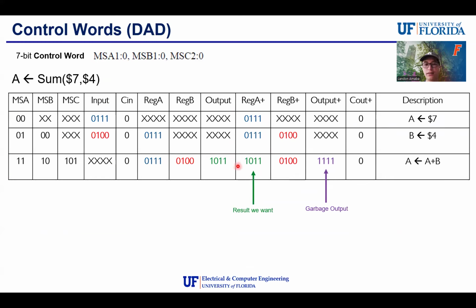And you can see now we have our desired value and register B holds, and we have this last output 111 on our garbage output. This is because although we wanted to sum these two numbers and we ultimately get that result, MUX-C doesn't care about the clock.